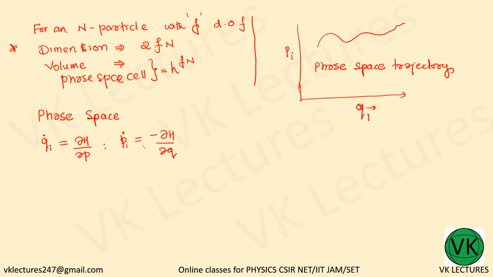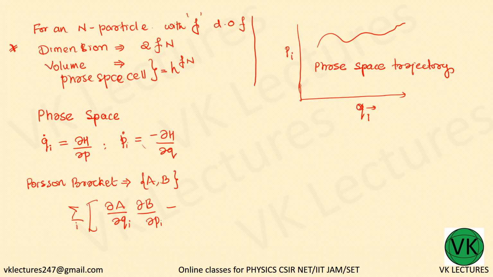Now we will also write the Poisson bracket here. The Poisson bracket for the two operators a, b, we can write as sum over i of dou a by dou qi into dou b by dou pi minus dou a by dou pi into dou b by dou qi.